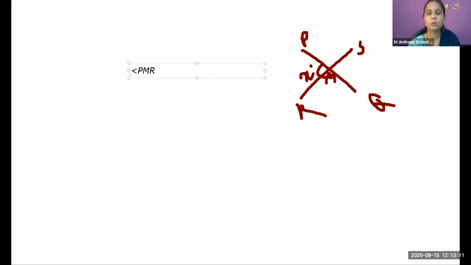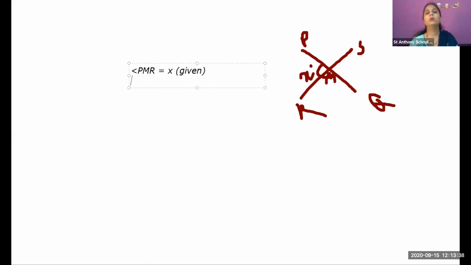Angle PMR is equal to X degree, and this is given. Whenever in this chapter something is given, you should write it. Angle PMR is equal to X degree, and this is given.